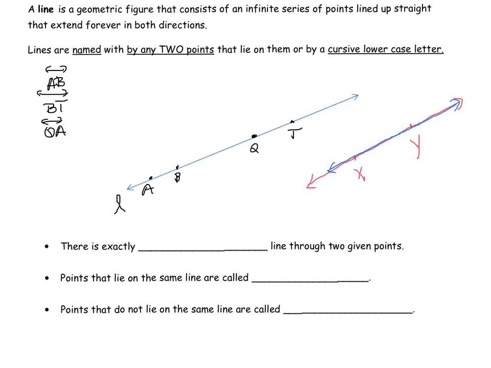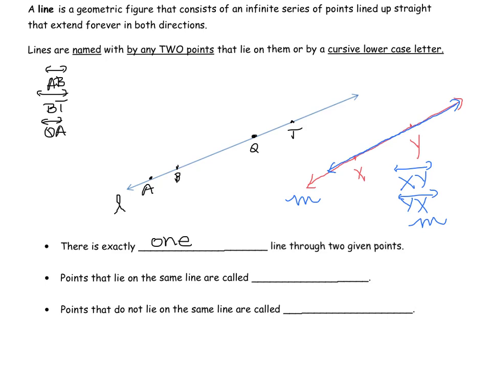So this line is unique. There is only one of them. I can call it line XY, or line YX, or I could pick a cursive letter M and call it line M. So like we said, there is exactly one line through any 2 given points.